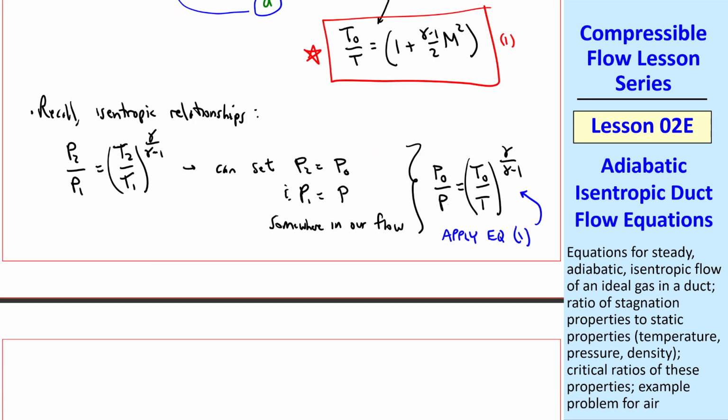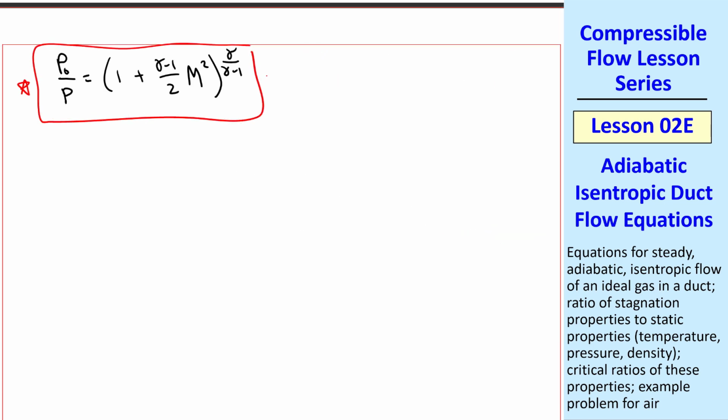Now let's apply equation 1, where we have an expression for T0 over T. We get P0 over P equals 1 plus gamma minus 1 over 2 M squared raised to the gamma over gamma minus 1. Also a useful equation, which I'll call 2.